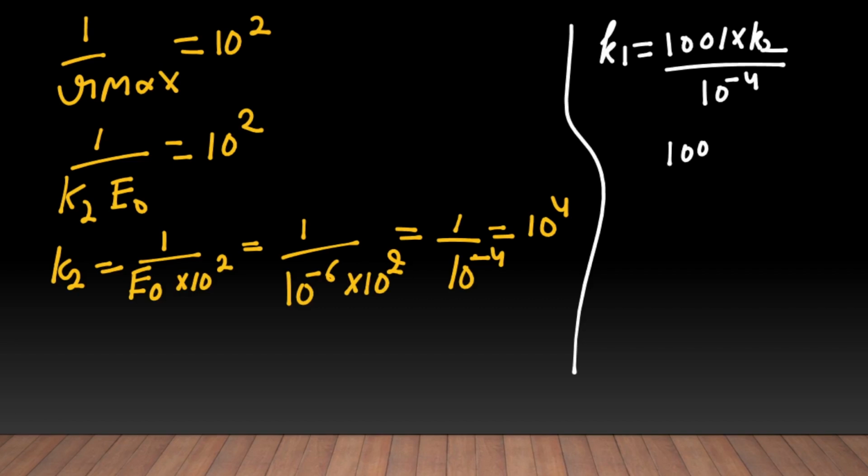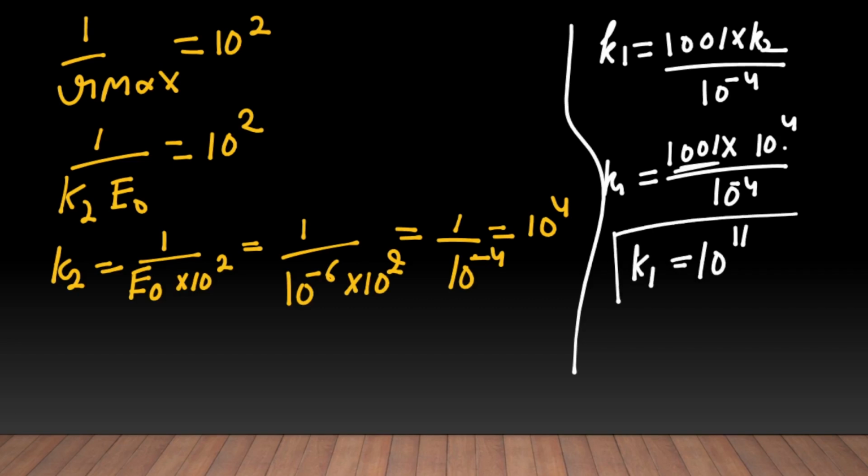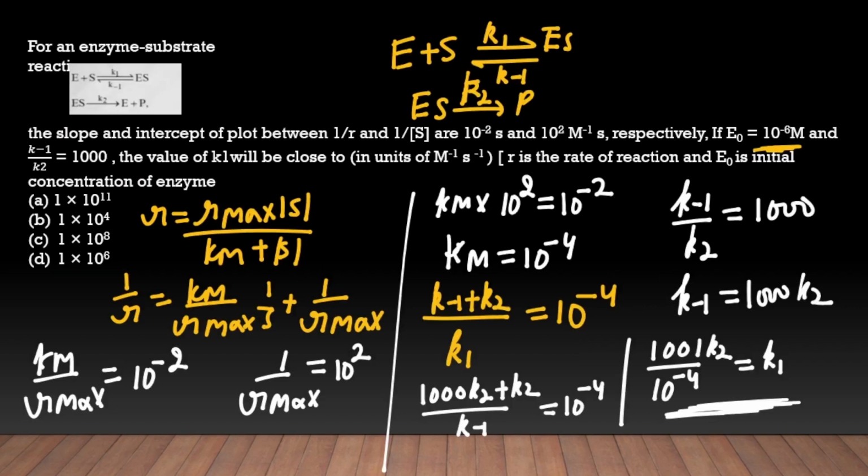So 1001 into 10 raised to the power of 4 upon the 10 raised to the power of minus 4 is the K1, which becomes 10 raised to the power of 8. Consider this as 1000 only, so it approximately becomes 10 raised to the power of 11. So the K1 rate constant value will be 1 into 10 raised to the power of 11. That is option A, it will become the correct answer.